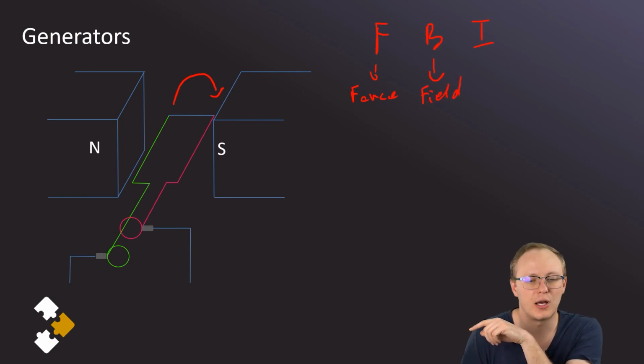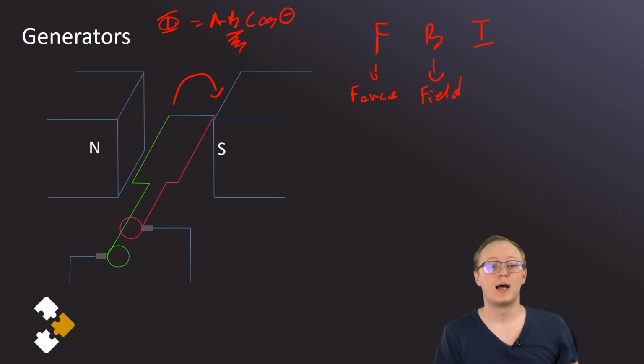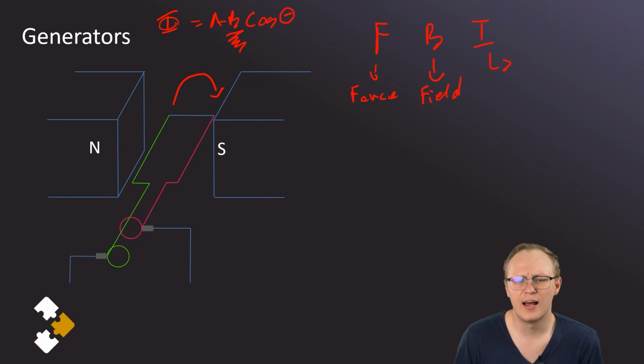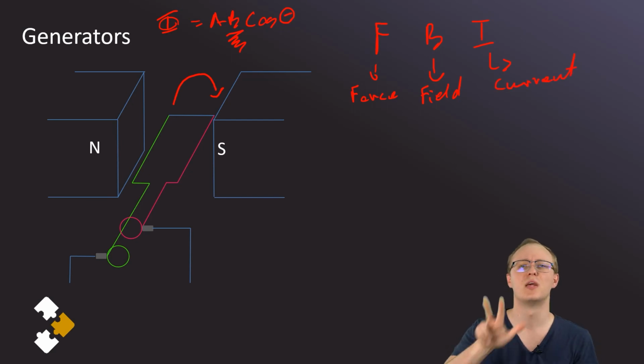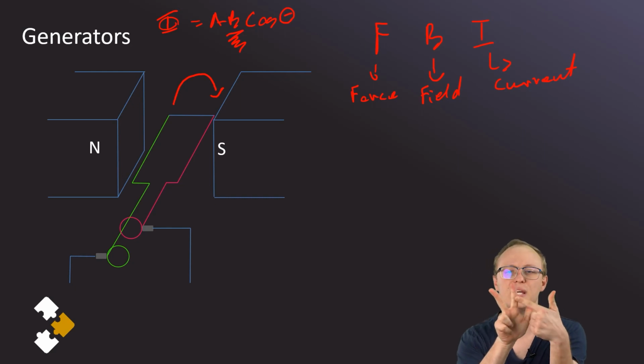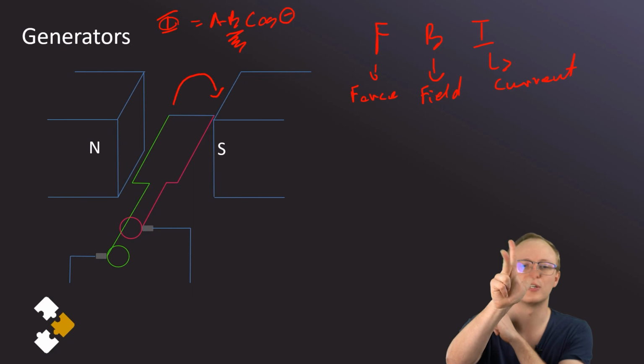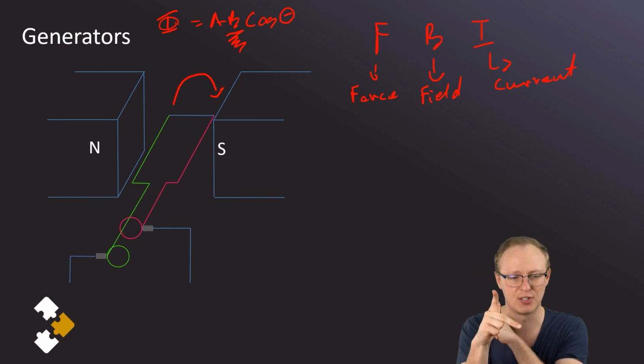I showed you earlier that the flux is equal to AB cos theta. In that equation, the B represents the magnetic field. And then the I, no surprises, I hope, is going to be the current. So we've got FBI. And again, we don't want to hold it like this, we want to hold it like this.